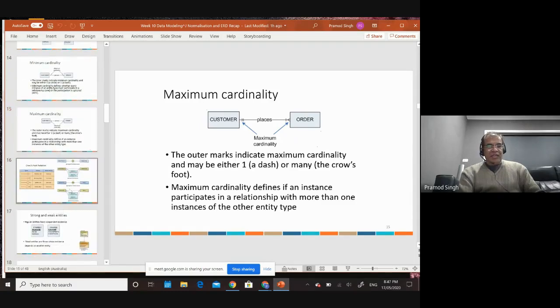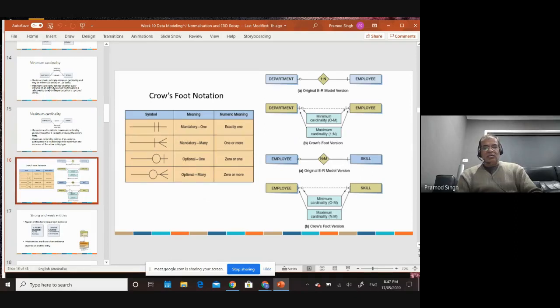Cardinality and relationship can also be defined with symbols, and those symbols are called crow's foot notation. You can see the symbols for mandatory one, one-to-one relationship, mandatory one-to-many relationship, mandatory and many, optional to one, and optional many relationships, indicated here in the left-hand diagram.